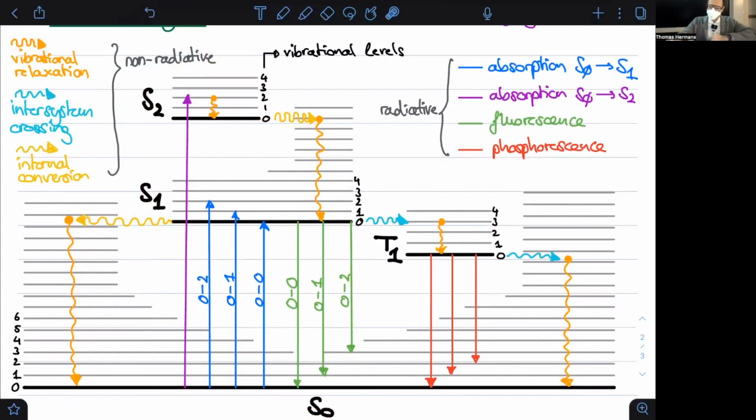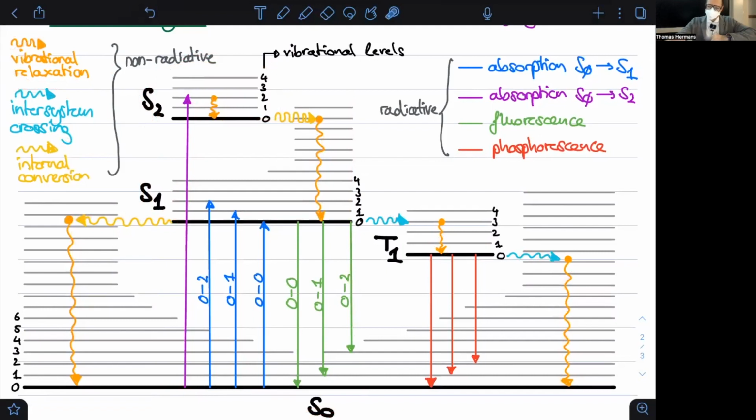So I can go from S2 to S1, or I can go from S1 to S0, right? Once I cross into S0, I have vibrational relaxation. And these are typically, we'll go back to the time scales, very fast processes, 10 to the minus 11 seconds, which is short.